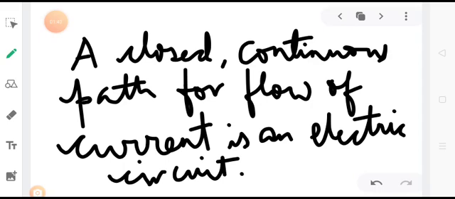Now, a question arises: if we want to consider a very simple electric circuit with a minimal number of appliances, the simplest electric circuit should have some essential components connected to it. What are they?